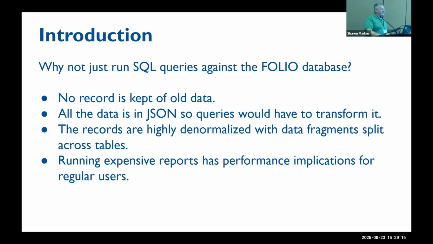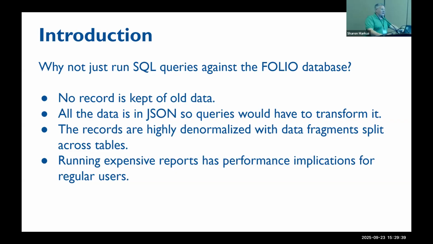Why not just run SQL queries against the Folio database? Well, there are a couple of reasons for that. The first is there's no record kept of old data. You also might not know SQL, which is another issue we'll talk about later. All of the data is in JSON, so queries have to transform it.